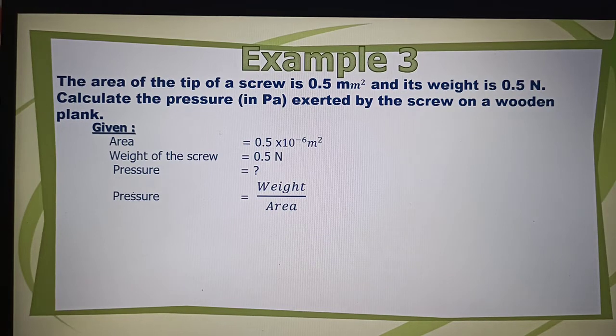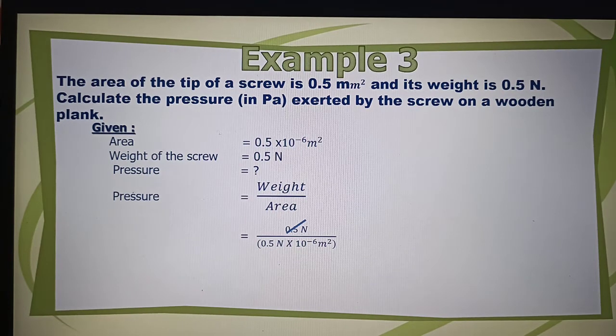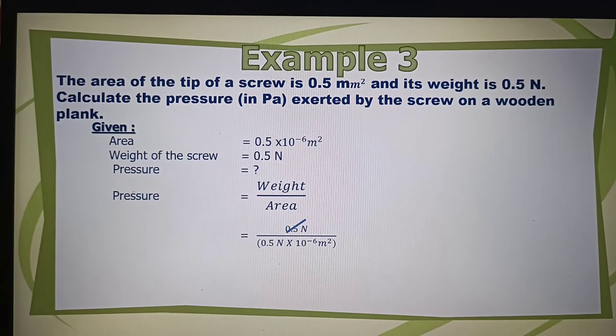The value of weight is 0.5 N. The value of area is 0.5 into 10 raised to minus 6 meter square. Now here 0.5, 0.5 are same on numerator and denominator. So let's cancel.